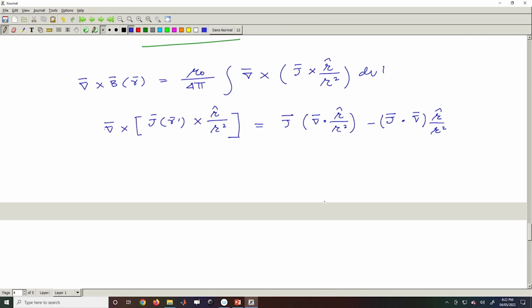Now the divergence, the derivative. So here all the derivatives. Also we have a few other terms. So please note it.